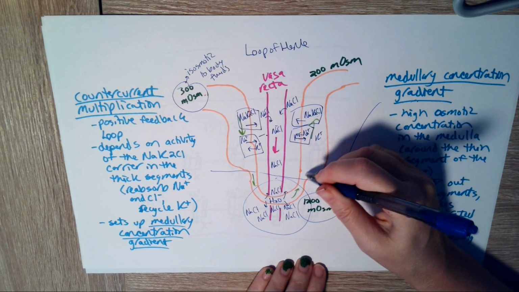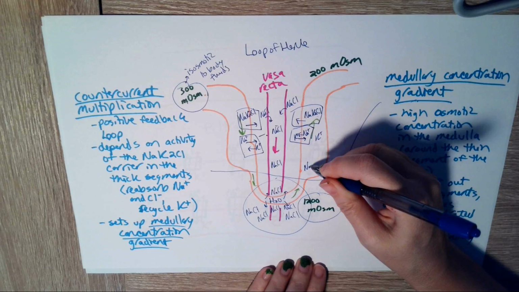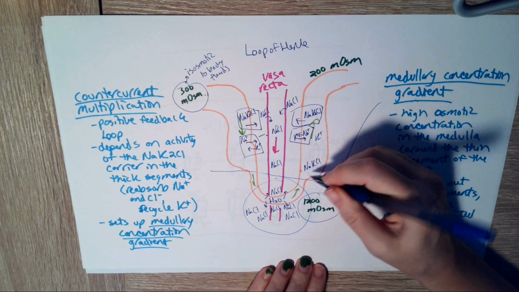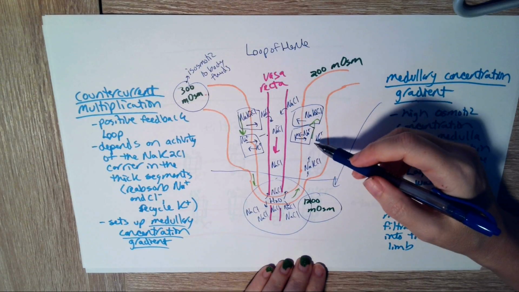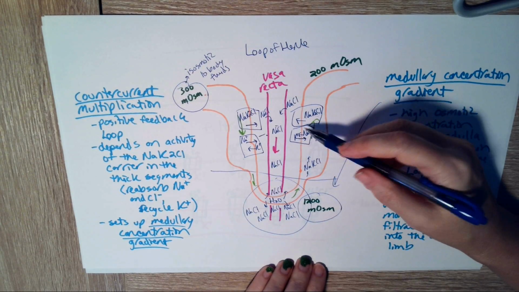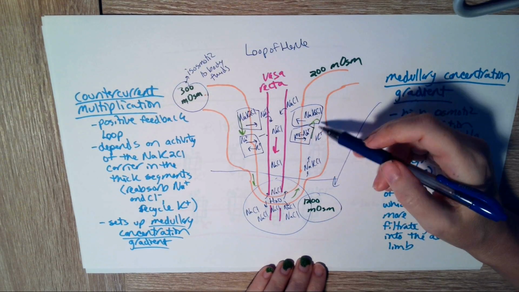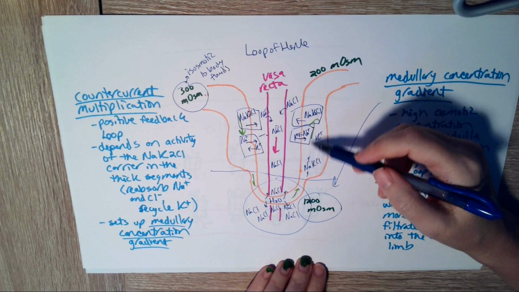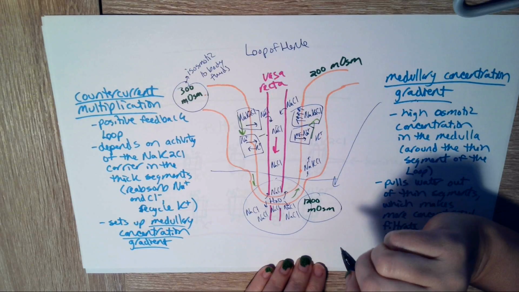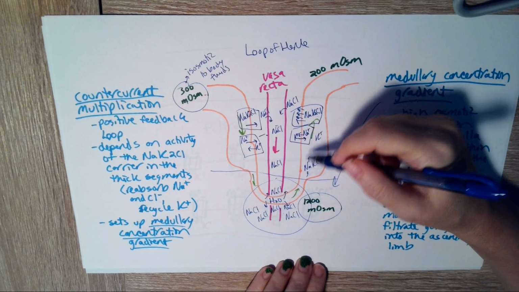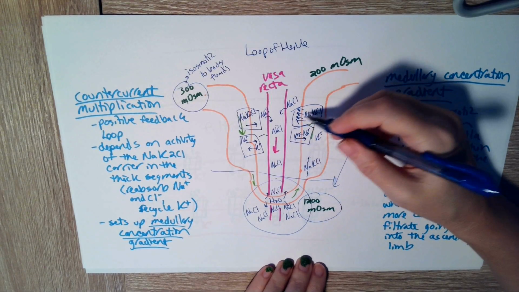And as we bring this concentrated filtrate, a lot of sodium, potassium, and chlorine, going up into the ascending limb and hitting the thick segment, now we allow those ions to move, and they have a really strong gradient to move really strongly out of the filtrate, because it's so concentrated that they just want to get out of there.